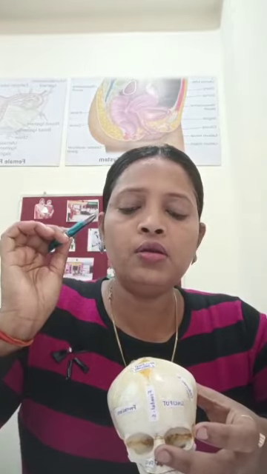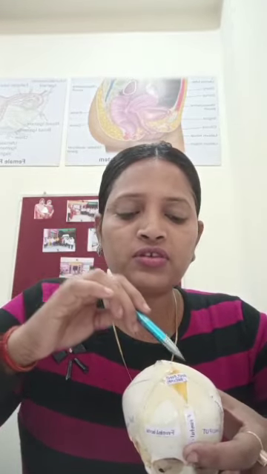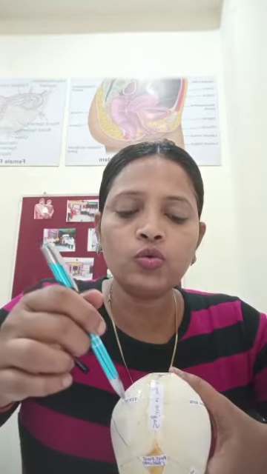See, this is the occipital bone, and the lambdoid suture is present between the occiput bone and the parietal bone. And in the same way, the coronal suture is present between the frontal bone and the parietal bone, and the sagittal suture is present between the two parietal bones.